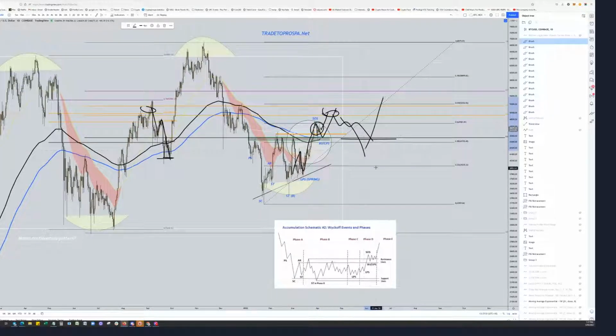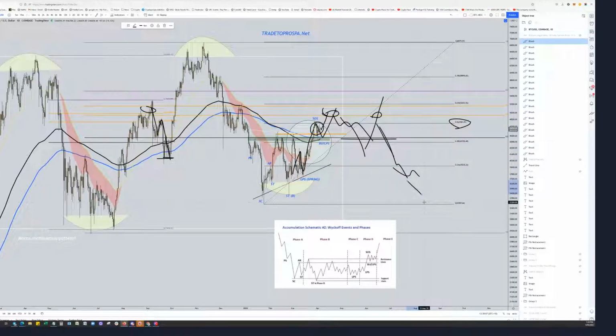And then either we regain, we retry to get past this, and if we don't, this area is going to be the rejection, and then we can potentially find a bear market. So this level has to be broken to become a bull market.